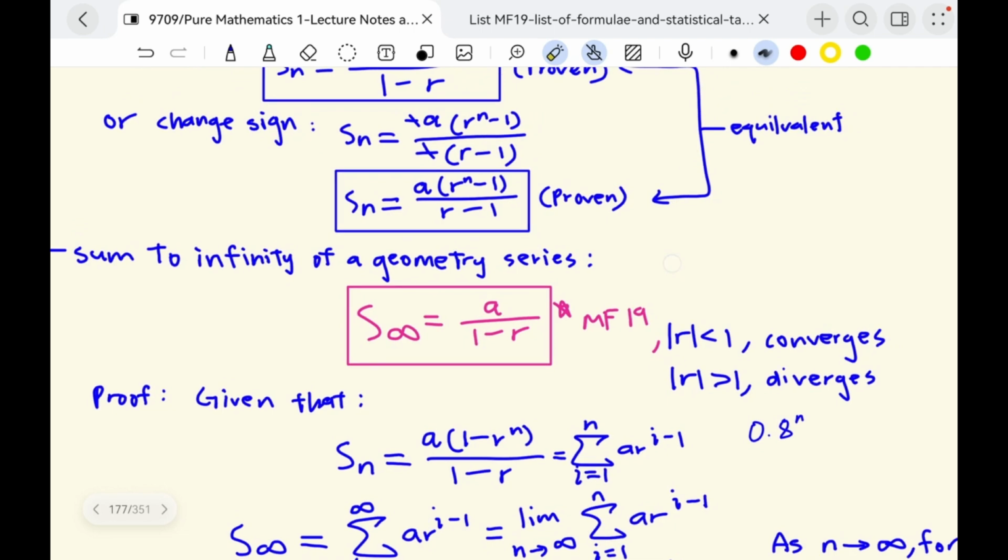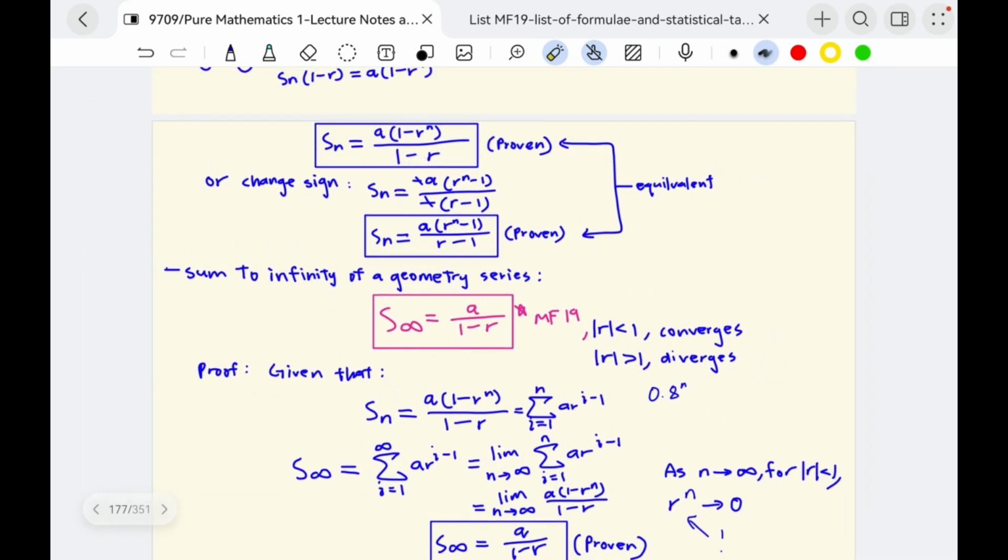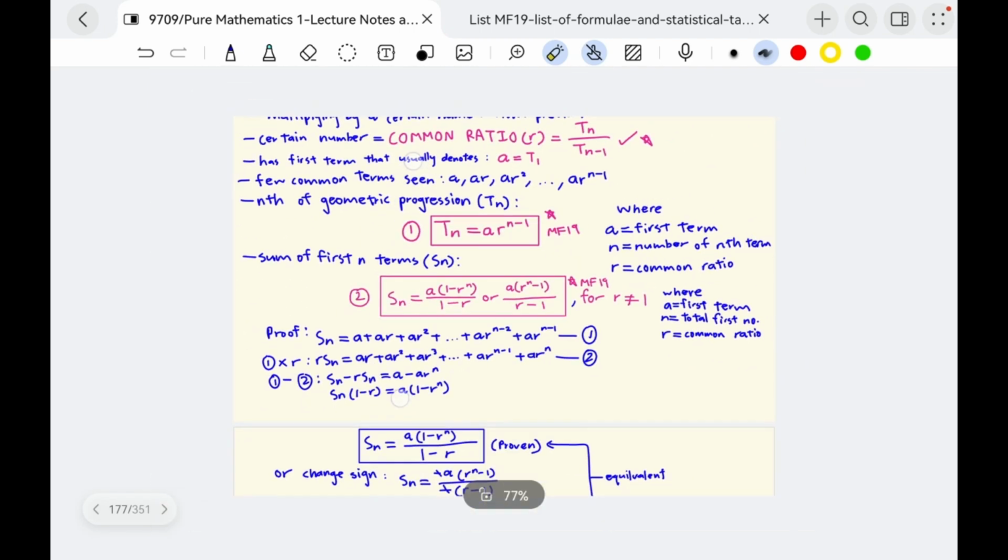Okay, so I'll repeat it one last time. For the sum to infinity of the geometric series, we can't use r greater than 1, or its modulus value or magnitude.